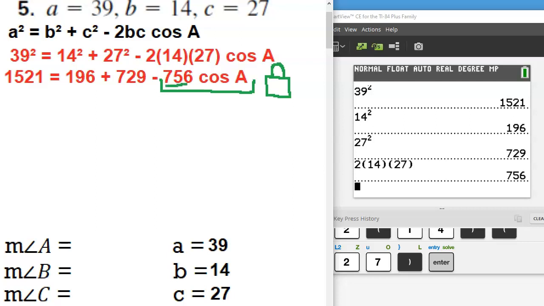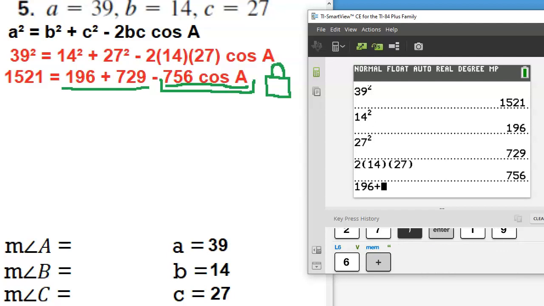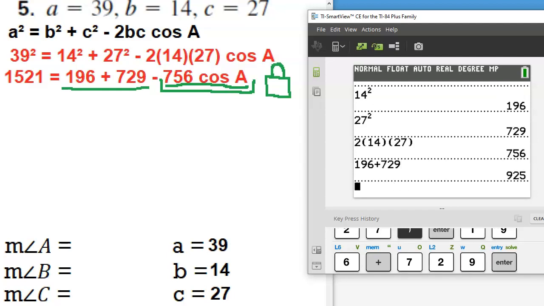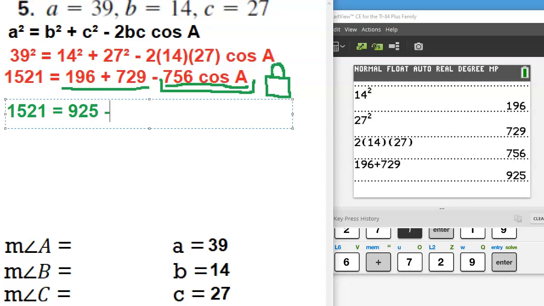This part is locked into place because it has a cosine of A on it. So all you can really do is 196 plus 729. That's the only part that you can do right now. The other one has cosine of A attached to it, so you're not allowed to touch it. So you're going to get 1521 equals 925 minus 756 cosine of A.